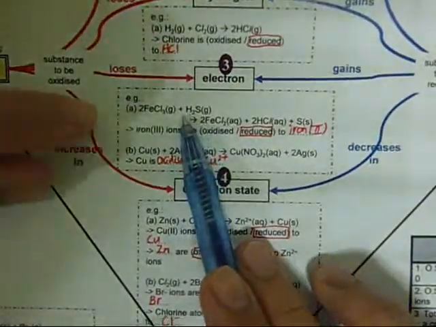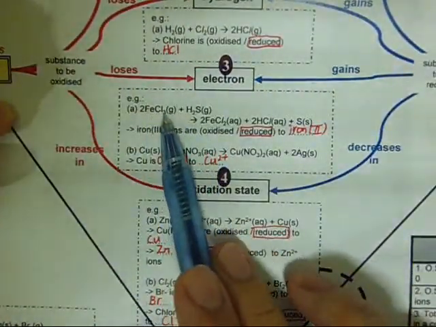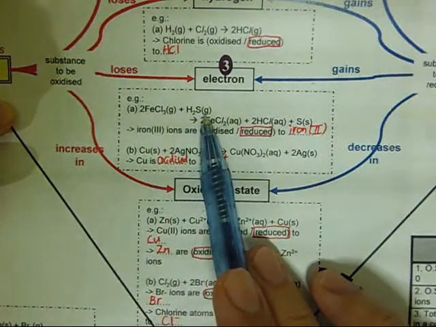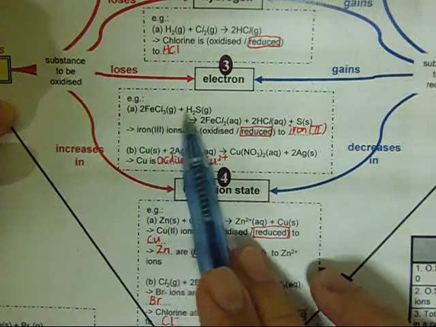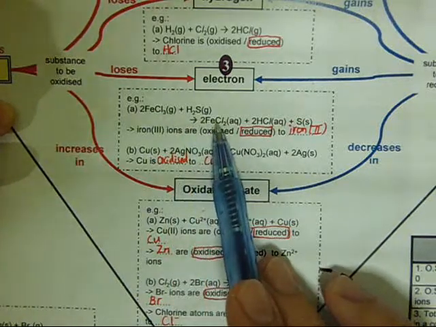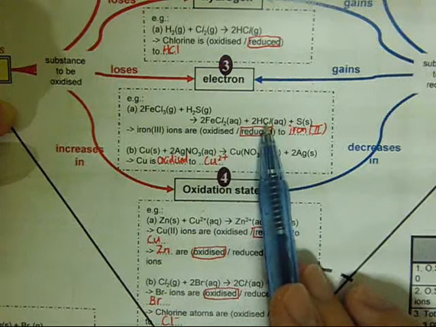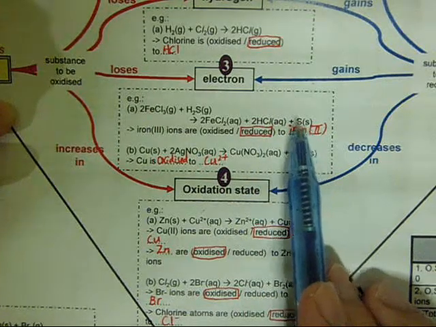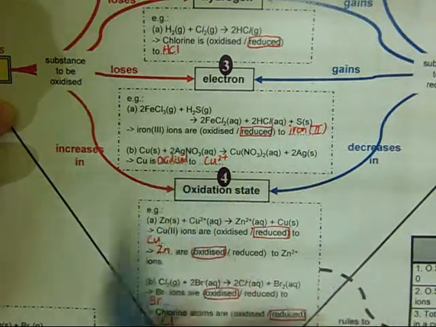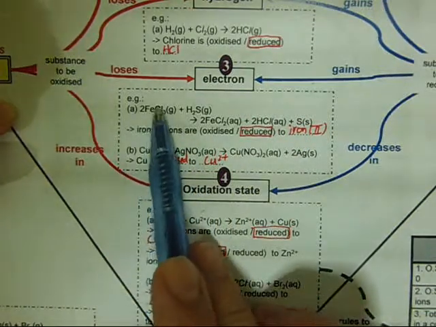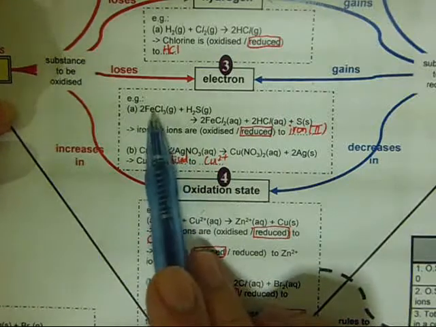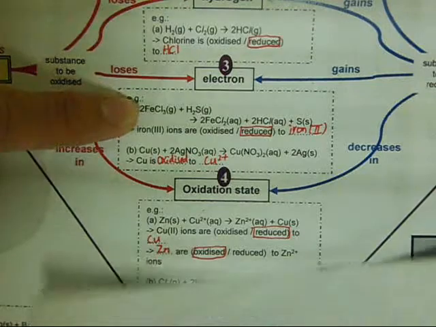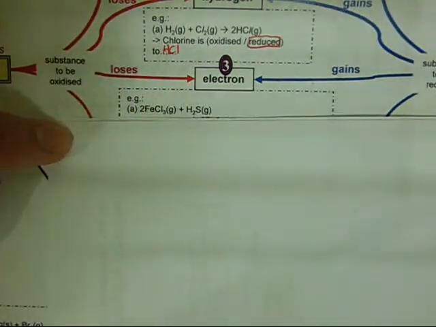Let's look at this example here. Iron 3 chloride reacts with hydrogen sulfide and becomes iron 2 chloride, hydrochloric acid and sulfur. Now you have to take note that this iron 3 ion, Fe3+, is not iron, it is the iron 3 ion.